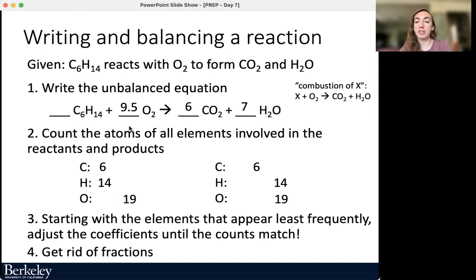So you're just going to multiply by whatever factor you need to make sure you have whole numbers. So it's not always going to be multiplying by 2. You just want to end up with whole numbers so you don't ever have like 1/3 of a CO2 molecule, because what does that mean? What does it mean to have 1/3 of a water molecule? That's a great question. Any other questions?